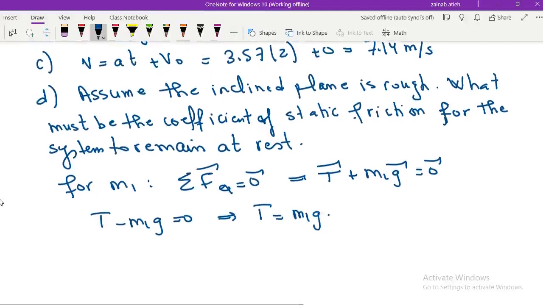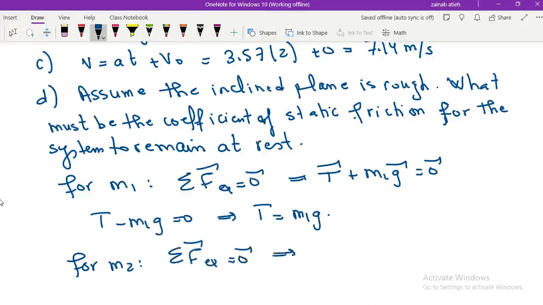Let's now do the same for M2. The sum of forces, because it is at rest, is equal to 0. Forces acting on M2 are normal, weight, the static friction because it is at rest, plus the tension, all equal to 0.